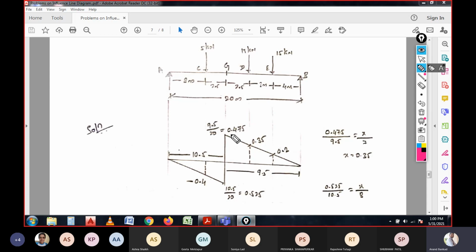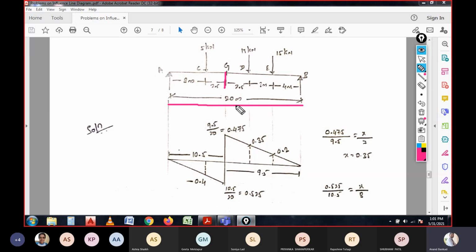Now this 0.475 is calculated by referring to the total span. The total span is 20 meters, right? For this section G, the right side value is taken as positive and the left side value as negative, the same convention followed in the influence line diagram.